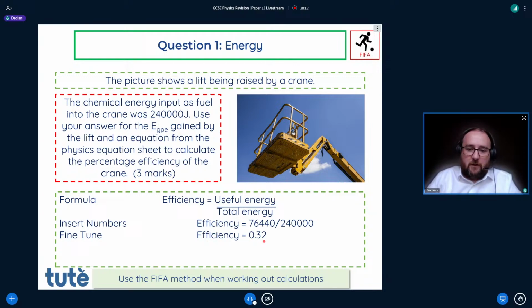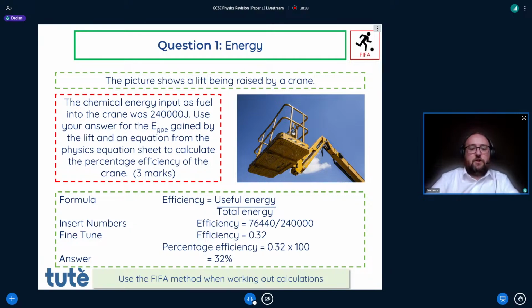You should get a decimal at this stage. But it wants a percentage, so we turn that decimal into a percentage by multiplying it by 100. So 0.32 multiplied by 100 gives us our answer, which is 32%.